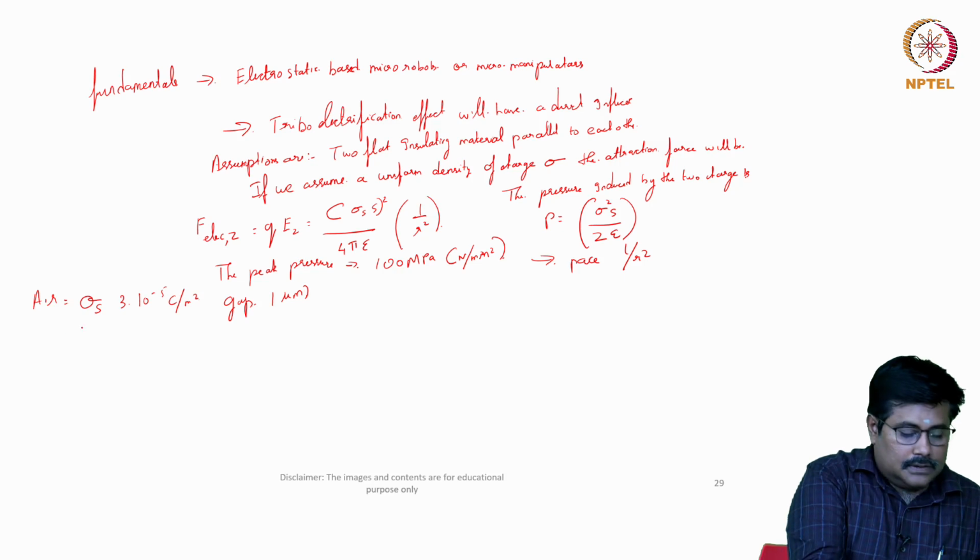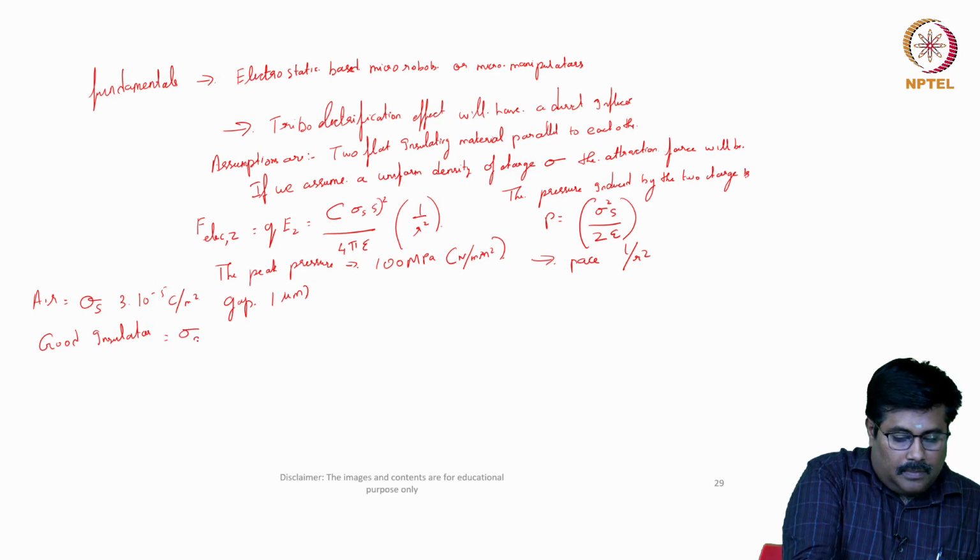In the case of a good insulator, sigma S is almost equivalent to 10 coulomb per meter square.